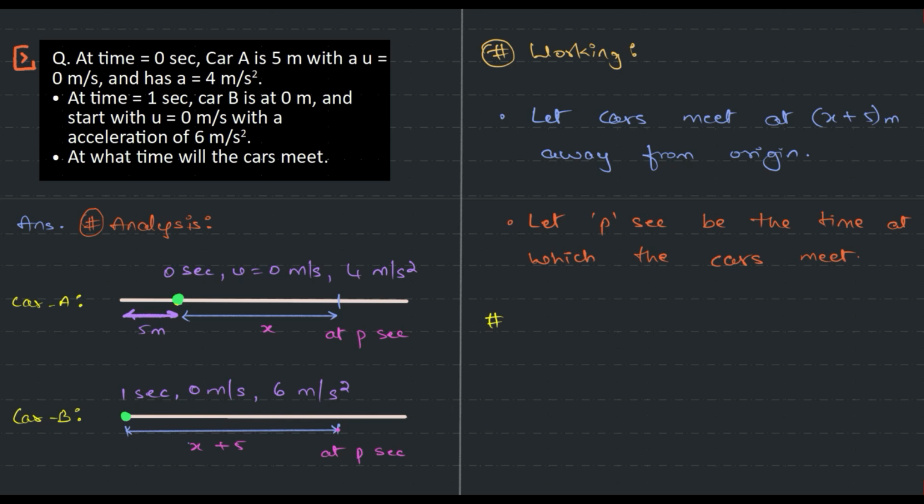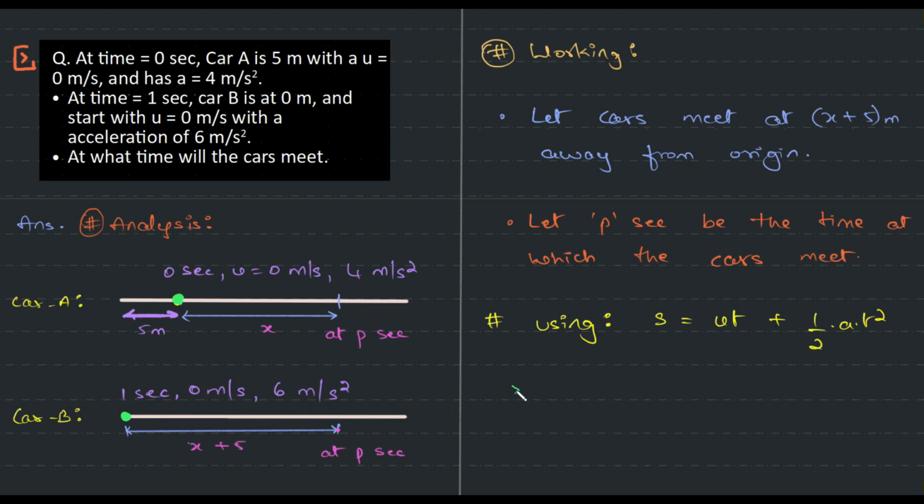Now, what can I use to relate them? So we can make use of x, since x is common with both. So we can substitute the value of x from one expression to the other by making use of s is equal to ut plus half a t square.